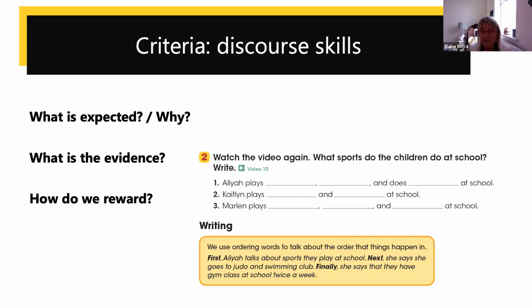And of course, one of the issues here comes back to a point we mentioned originally about their cognitive development. If you ask them to do this, they're writing about Elia or Caitlin or Marlin, they might struggle with that, because what they're trying to do at the same time is remember what happened in the video about these people that they probably don't know.